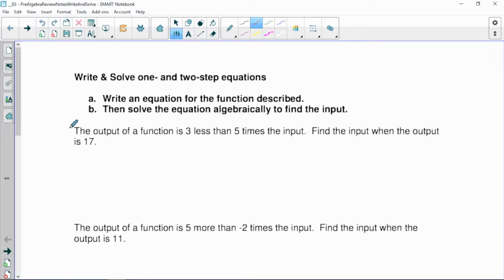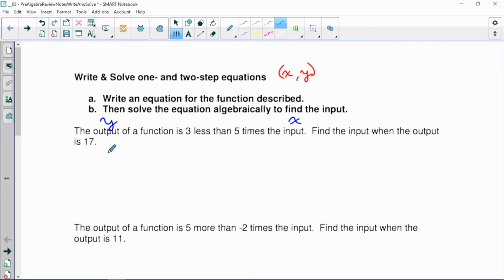Here we have the output of a function is 3 less than 5 times the input. When we're talking about equations, we usually have x and y. X and y are paired like that. Which one's the output? Output is y, and input is x.